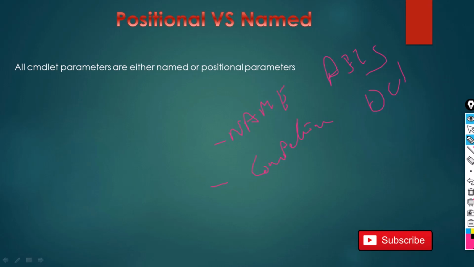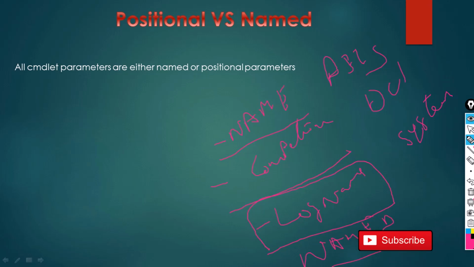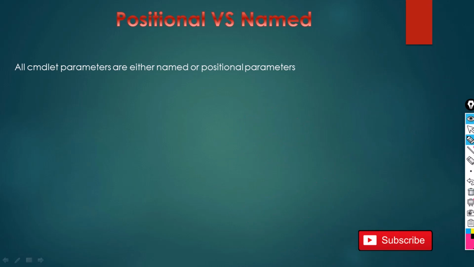When I'm specifying the complete parameter name, for example -LogName equals System, event logs, this is called a named parameter. When I specify the complete parameter name, it is called a named parameter.